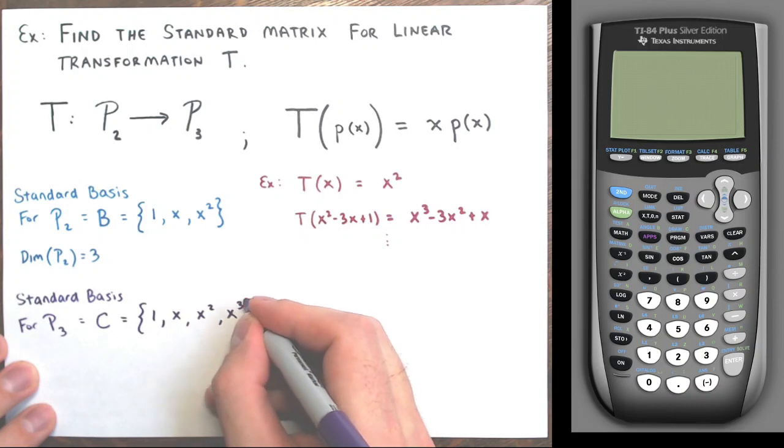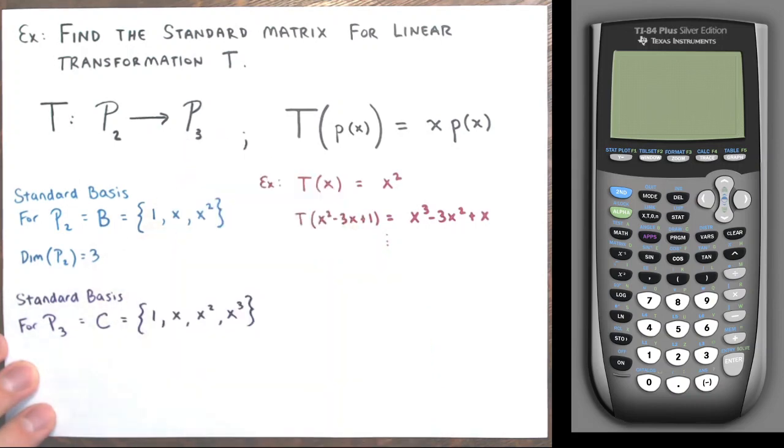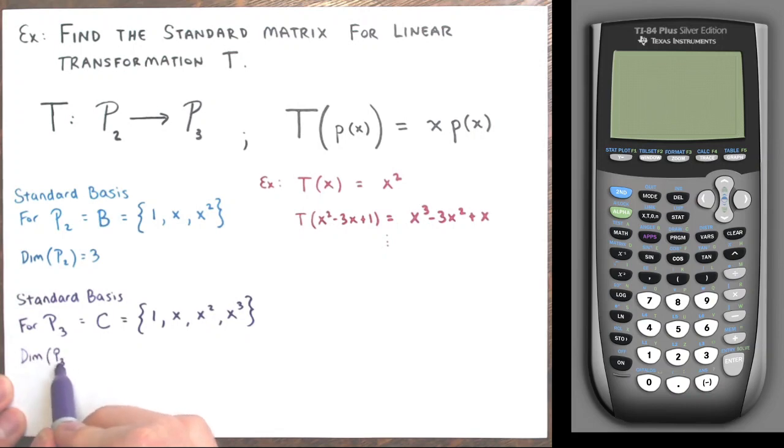Because every polynomial of degree 3 or less can be written as a linear combination of these 4, some number times 1 plus some number times x plus some number times x squared plus some number times x cubed. And these are also linearly independent. You can't write one as a linear combination of the others. So we're seeing here that the dimension of P3 is 4. There are 4 vectors in this standard basis.